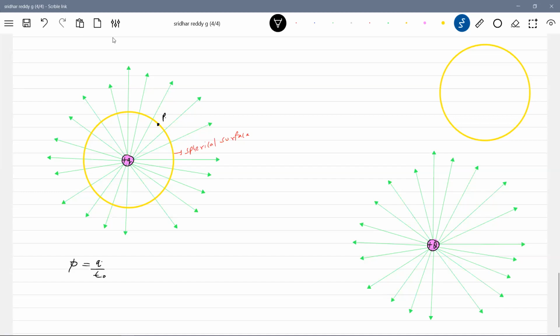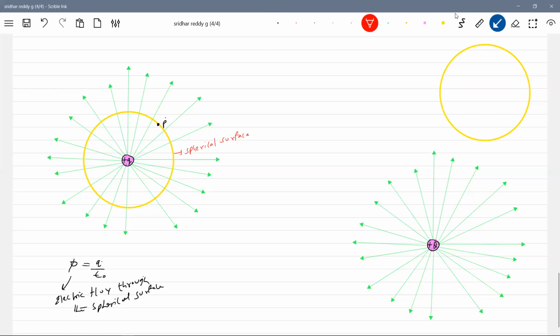So how you should interpret electric flux through the spherical surface? What is the electric field strength at point P?